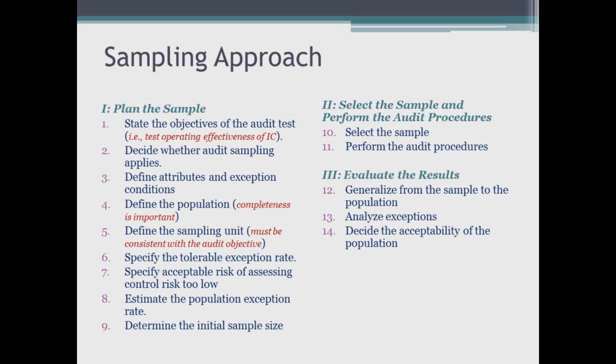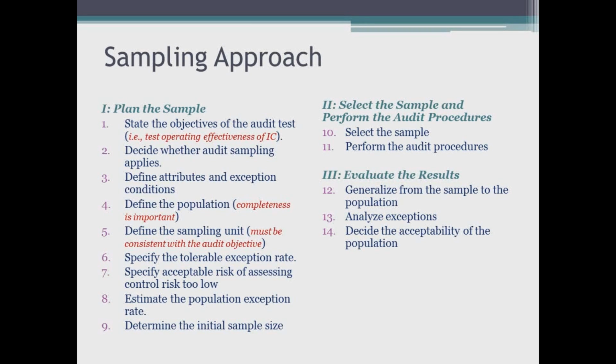Your audit procedures are what you are to examine, to collect evidence on, and you are defining what the attributes of that evidence collection are. Okay, define the population, and that's important. Why? Because we need a representative sample. So completeness is extremely important. You have to know that you have the entire population because you want to draw a representative sample.